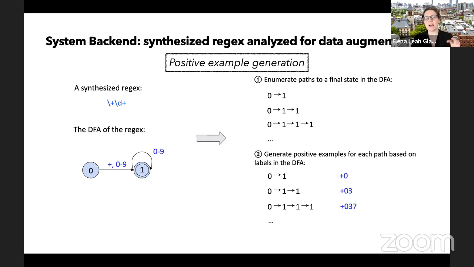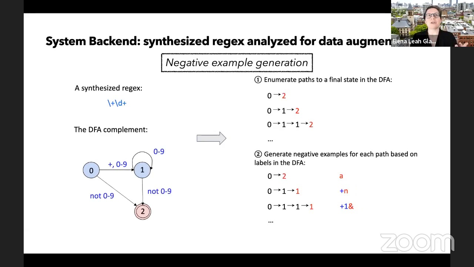You can either be using a coverage algorithm to select various inputs, or you can be modifying the existing inputs and going through the process of generating these additional positive examples. Likewise, if we're generating negative examples, then we can take the DFA complement and enumerate paths to that failure case to generate additional negative examples.